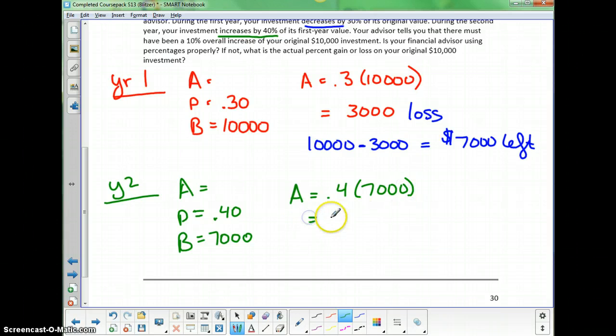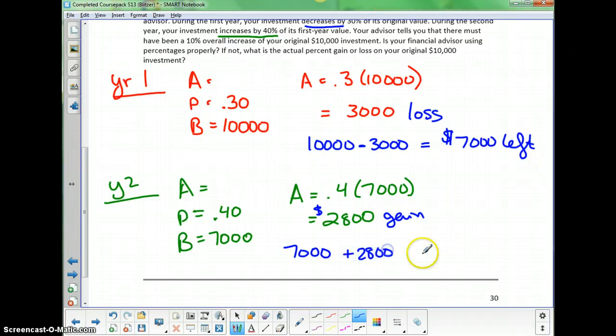Okay, and 0.4 times 7,000 is 2,800. And now that was a gain, so it's a $2,800 gain because we were increasing our investment by that much. So at the end of this year, we have 7,000 plus 2,800. Okay, so we end up with $9,800 at the end of year two.